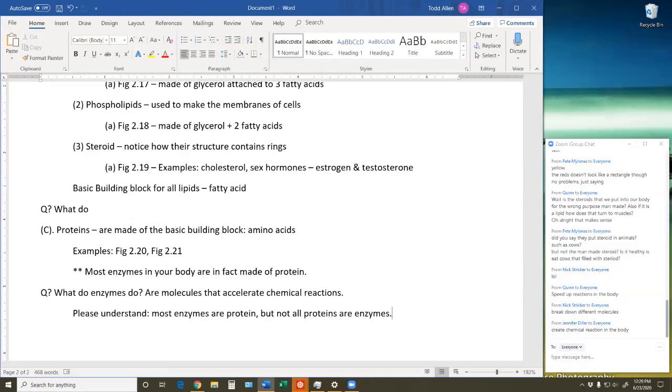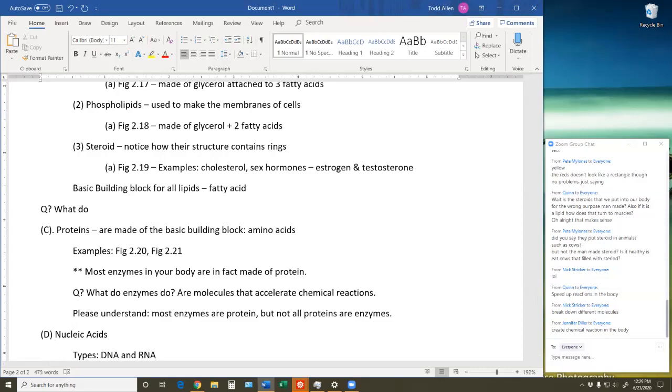Finally, we have the fourth category of organic macromolecule, which is the nucleic acids. There's a variety of types here, DNA and RNA.